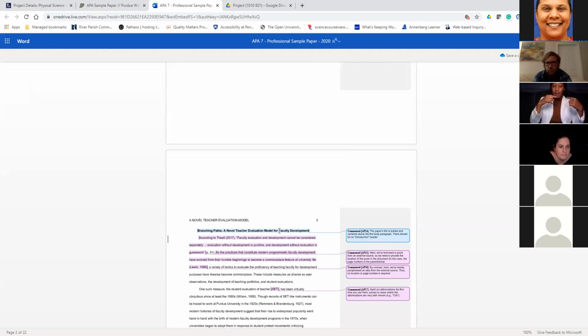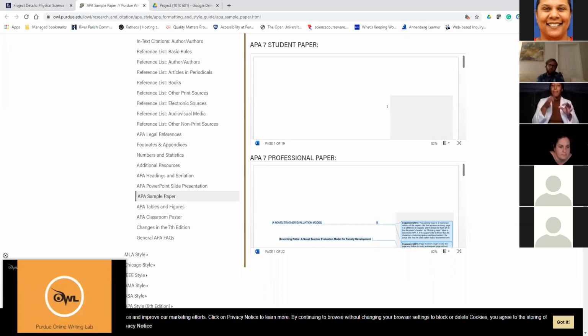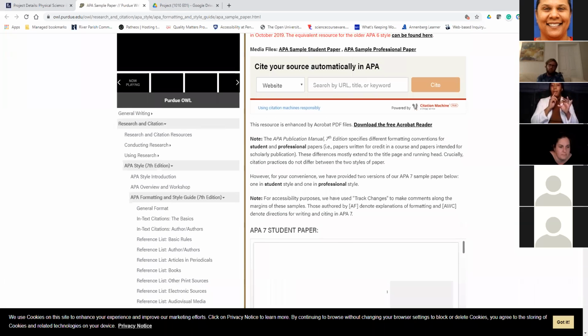See, they gave a title, it's bolded, and look, the first paragraph starts immediately after that, right? There's no extra space. You know, like sometimes students put like triple spacing or extra space after the title. There's no extra space in APA format, okay? So those things are very helpful to know when looking at the sample paper, to make sure that you get it right, okay?